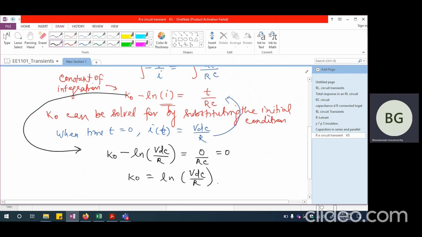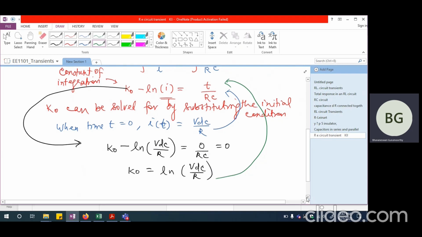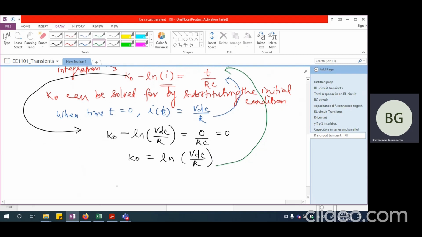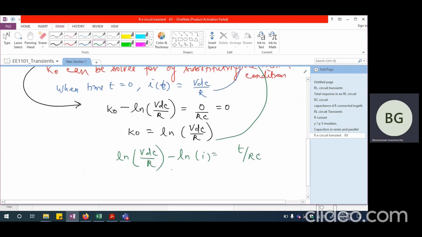Now I can substitute this value into the original solution I have derived. K naught is ln of VDC by R, minus ln of I equal to T by RC. Because these are logarithms, I should be able to write this as the natural logarithm of VDC by R divided by I equal to T by RC.